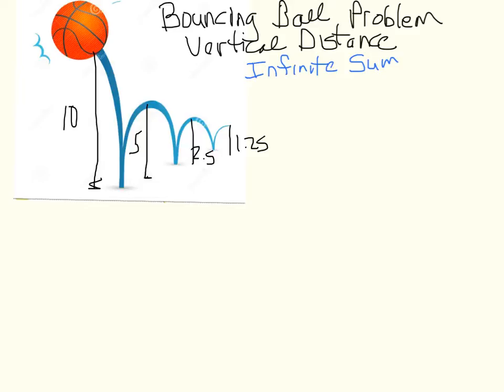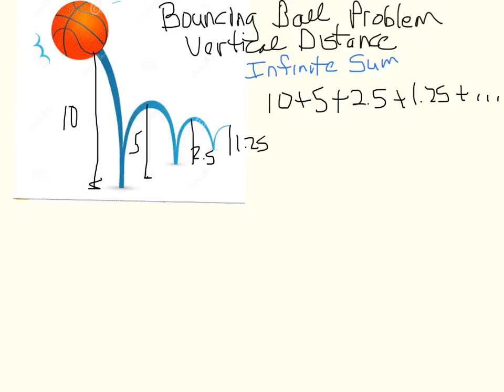If we write it out as a sequence, it looks like this. You've got 10, and then, since we're adding, plus 5, plus 2.5, plus 1.25, and then it just keeps going forever.